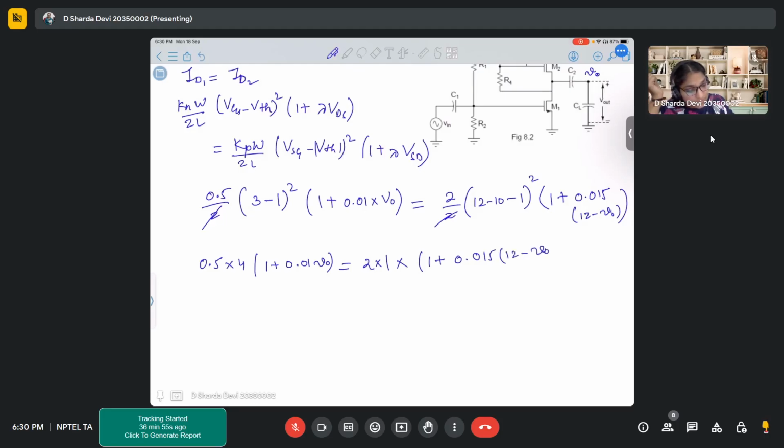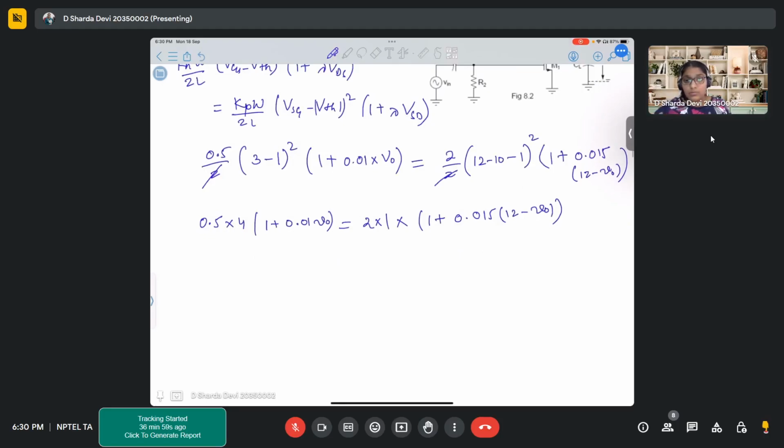Any doubt? 0.015 into 12, it would be 0.18.